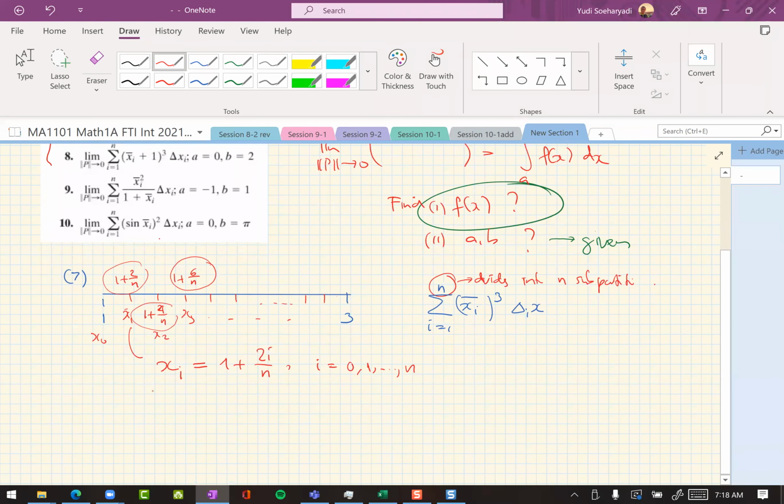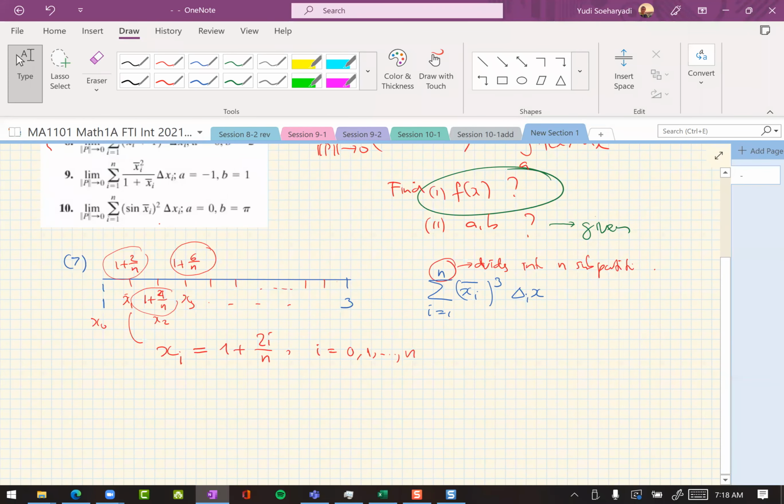the limit. Oh, then we don't need this one actually.